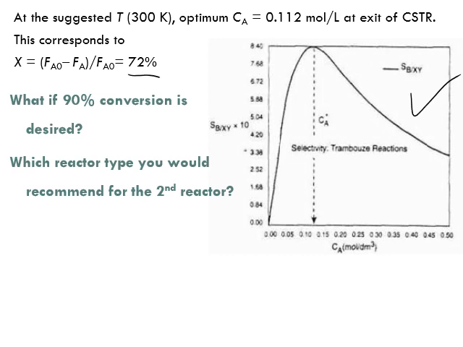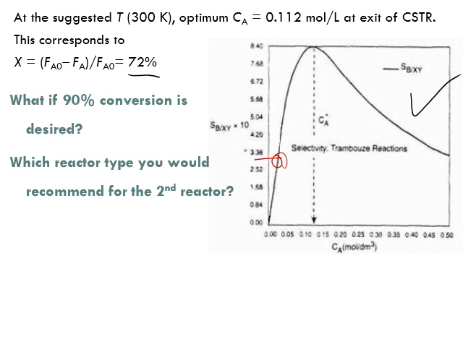Obviously, you will not recommend a CSTR, because then you'll be operating at the low exit concentration. That corresponds to 90% conversion: if you have 0.4, the remaining is 0.04. The concentration is low, therefore the selectivity is low as well.